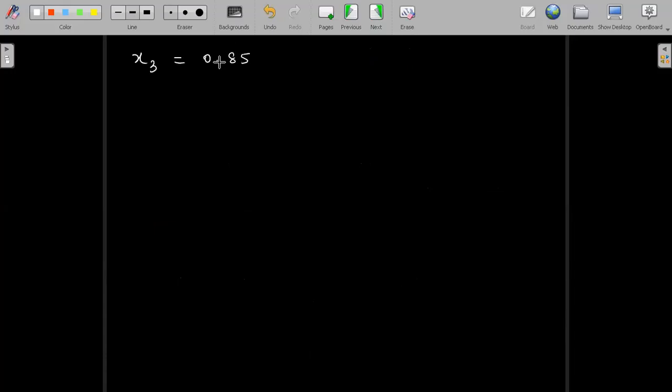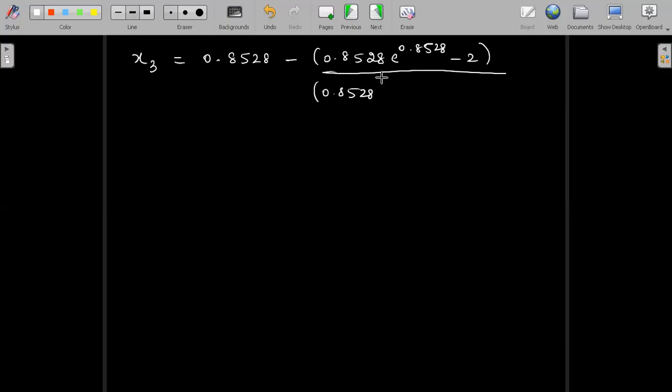0.8528 minus of (0.8528 into e power 0.8528 minus 2) divided by (0.8528 into e power 0.8528 plus e power 0.8528).